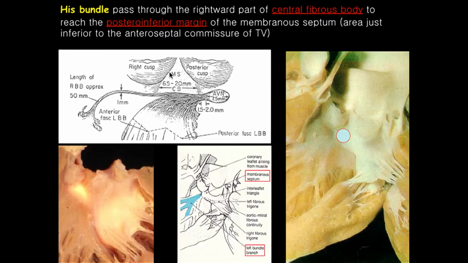As you can see, the right coronary cusp and non-coronary cusp, and if there is a muscular outlet VSD here, there is some space between. So if I pull back more, it may not touch the right coronary cusp.